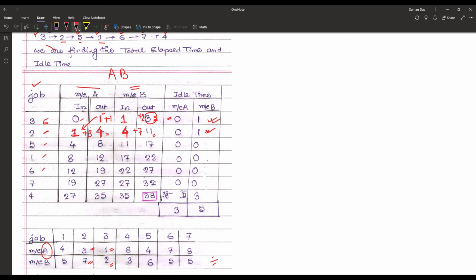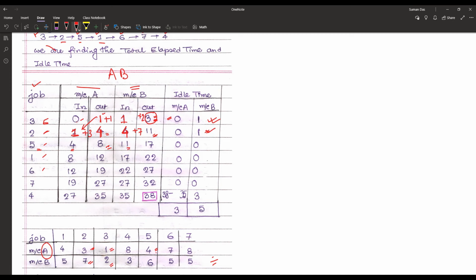Now the next job, that is 5. Machine A starts from 4. For job 5, machine A has the processing time 4, so it is ending at 8. Here machine B starts from 11.